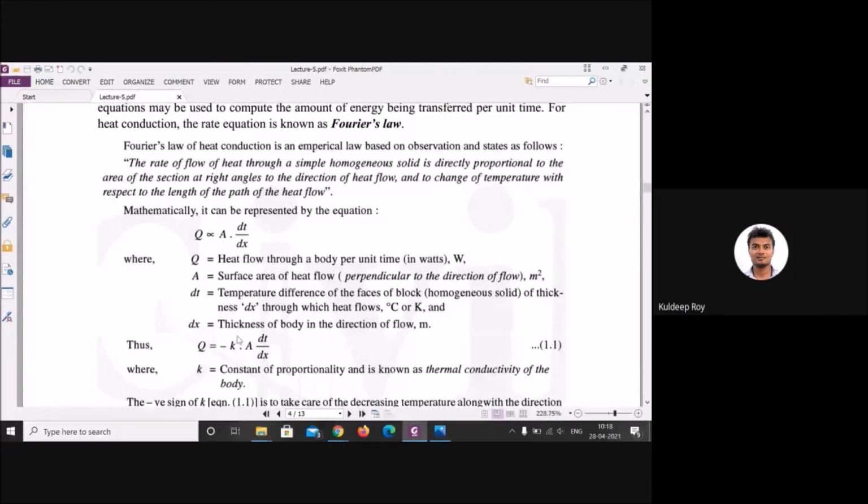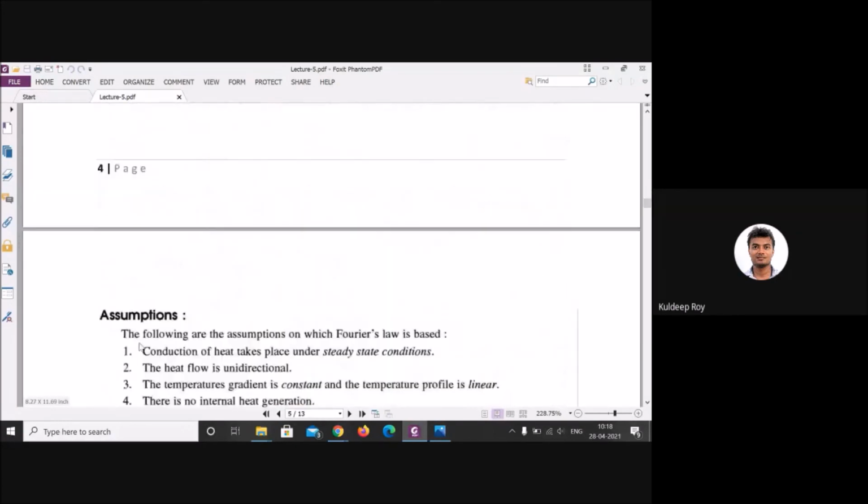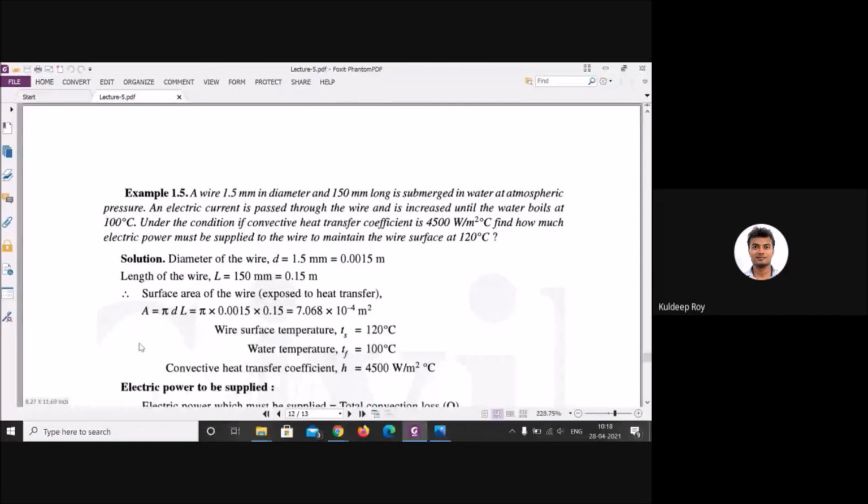Same thing, a little similar. So there are a lot of similarities in theories between heat transfer and fluid mechanics. Tomorrow we will talk about radiation. Please try to solve this problem and tell me the answer.